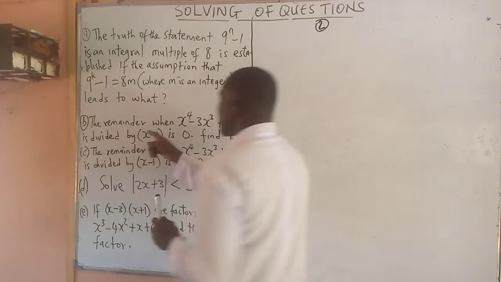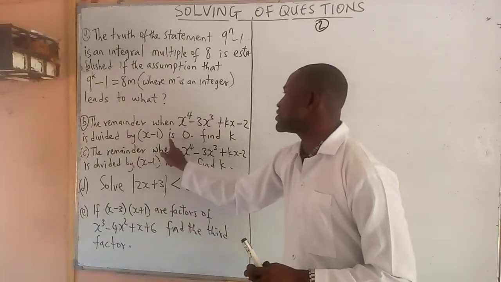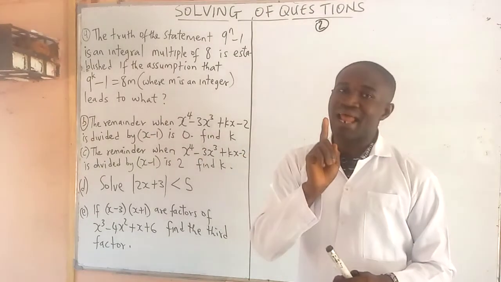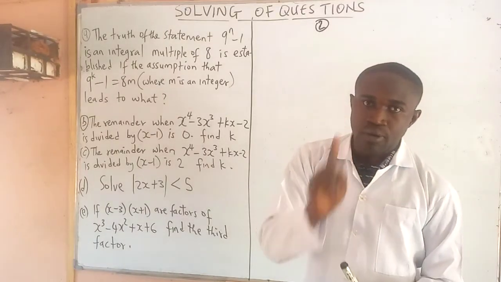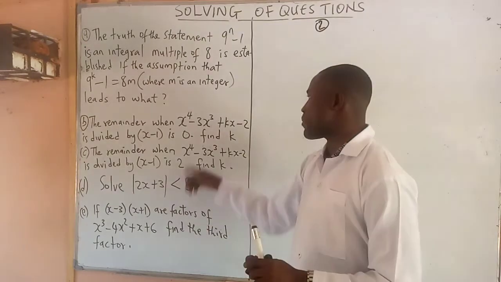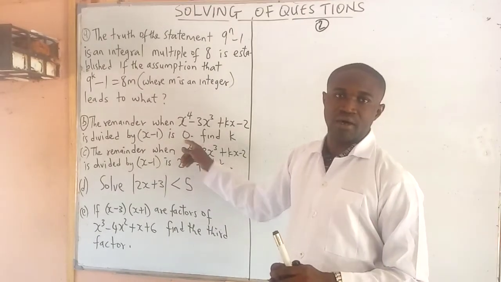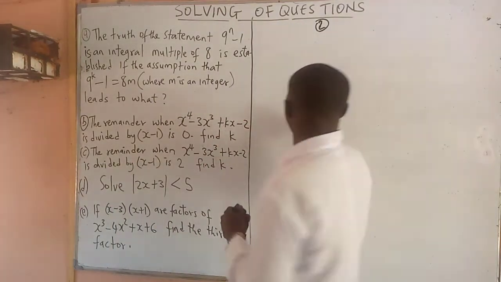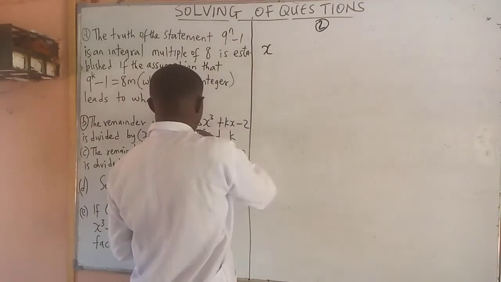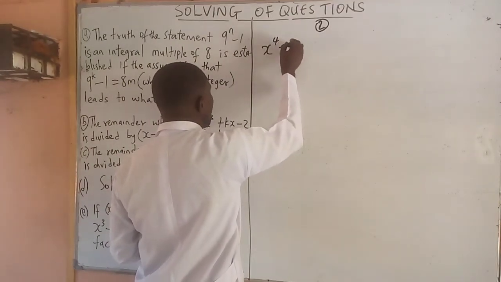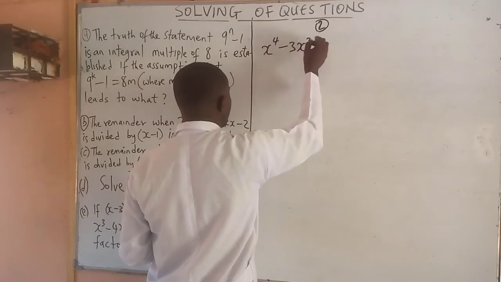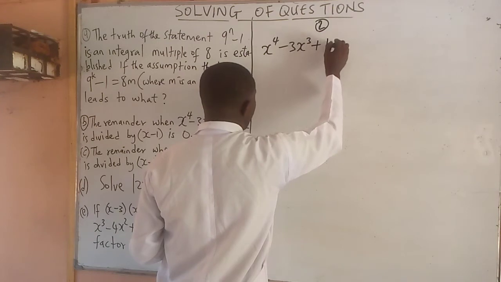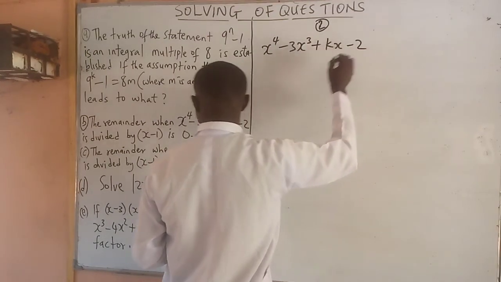Now, they said the remainder when this is divided by this is 0, find k. When they said the remainder is 0, remember that it is under the zero theorem, because it has 0 as the remainder. The polynomial is x to the power 4 minus 3x cubed plus kx minus 2.